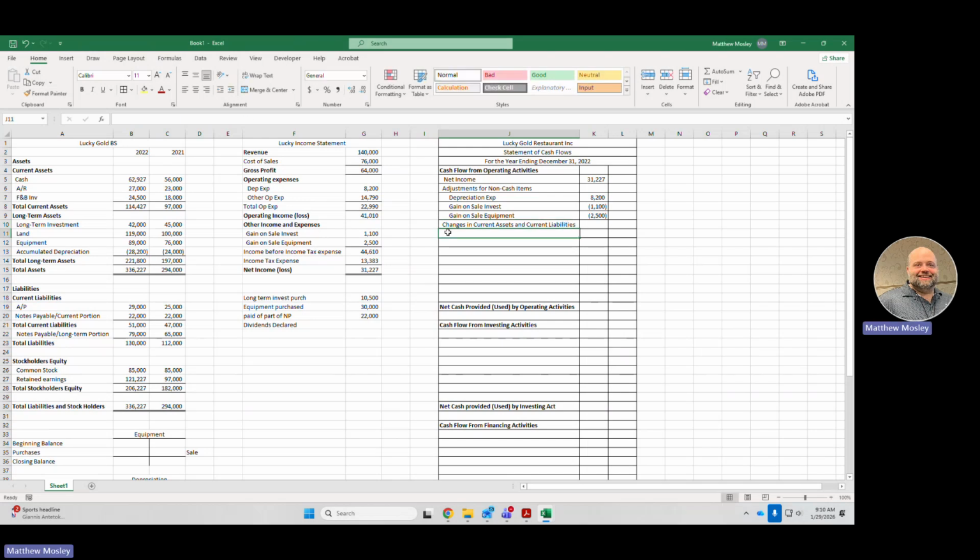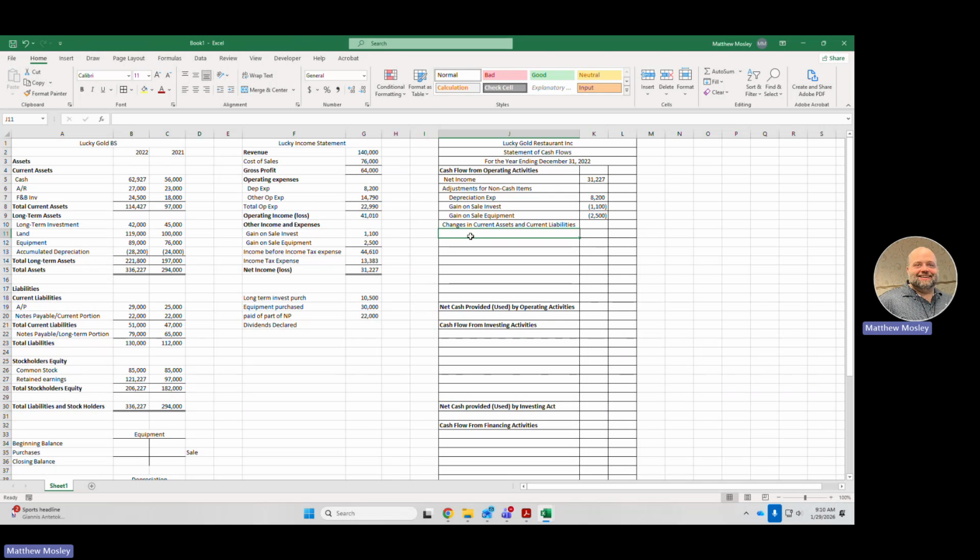And we had a few, did we not? Because it's current assets and current liabilities, we have to take a look over here on our balance sheet.